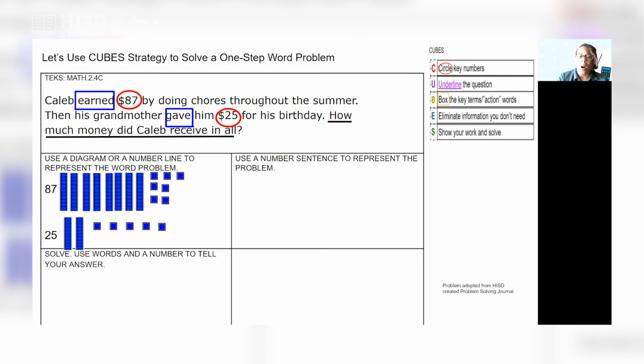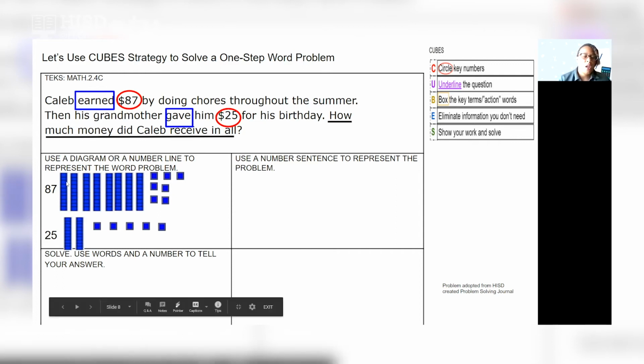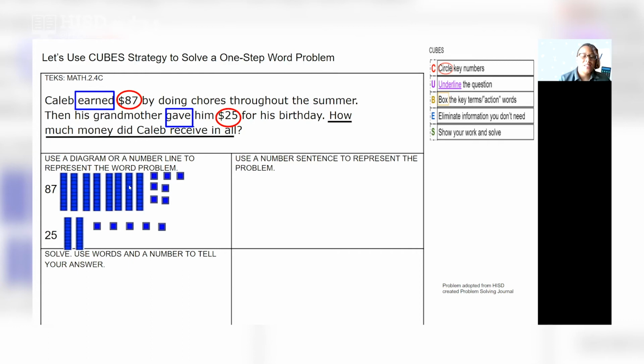I'm going to count all of my counters to solve for 87 plus 25. You can add it on your paper while I am counting it. 10, 20, 30, 40, 50, 60, 70, 80, 90, 100.